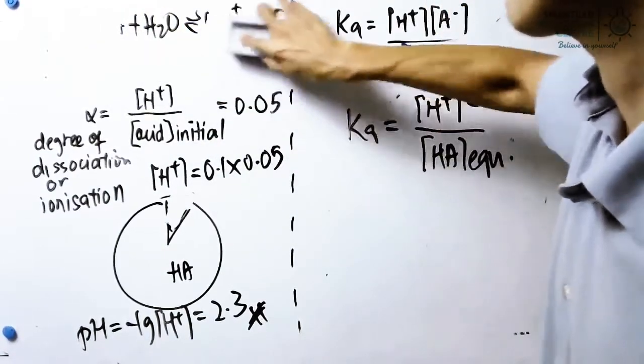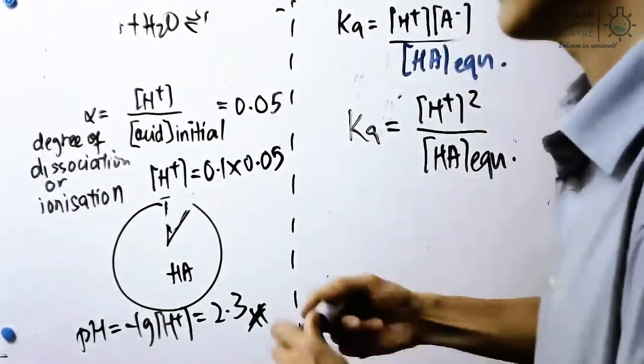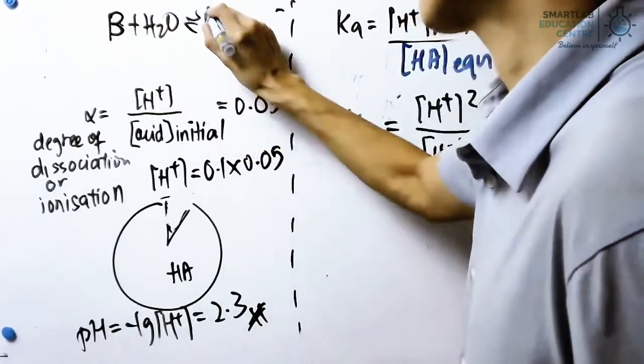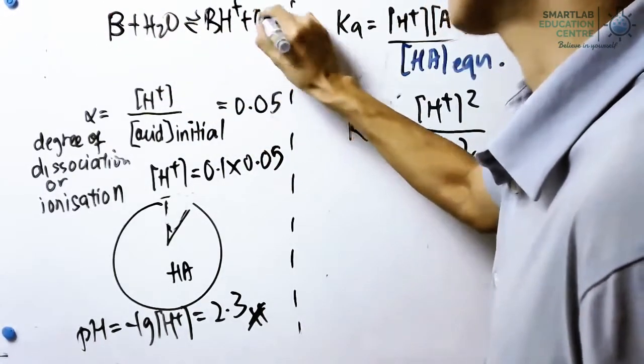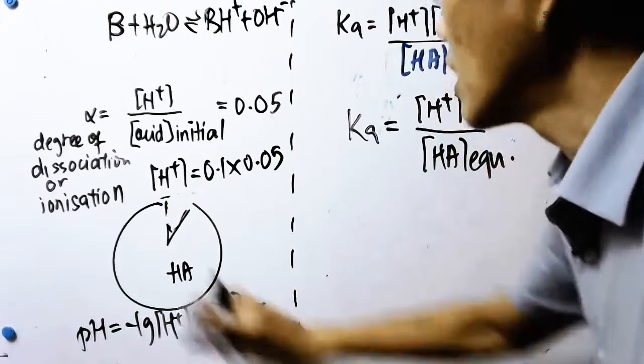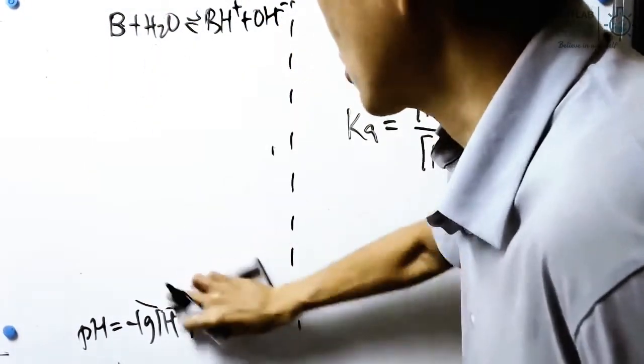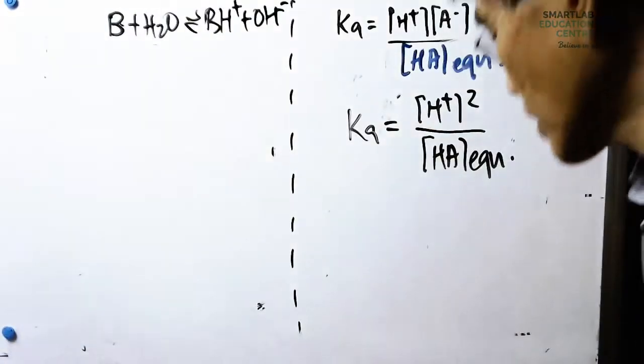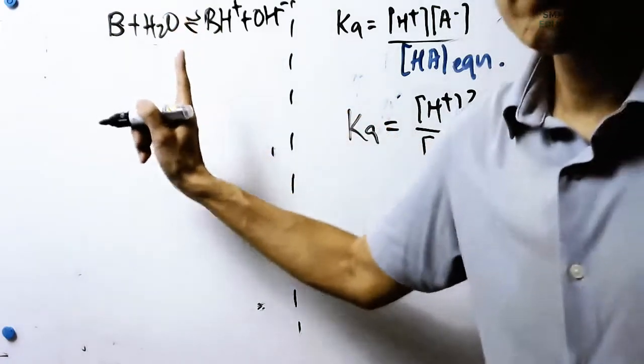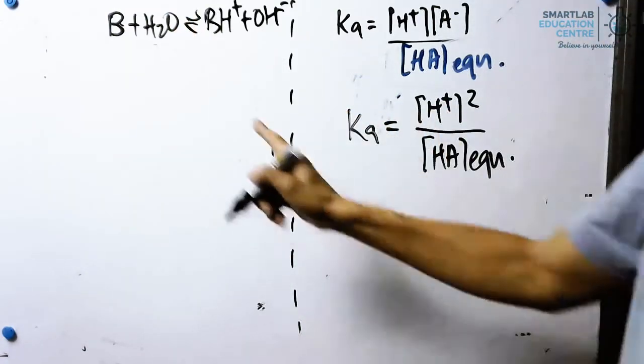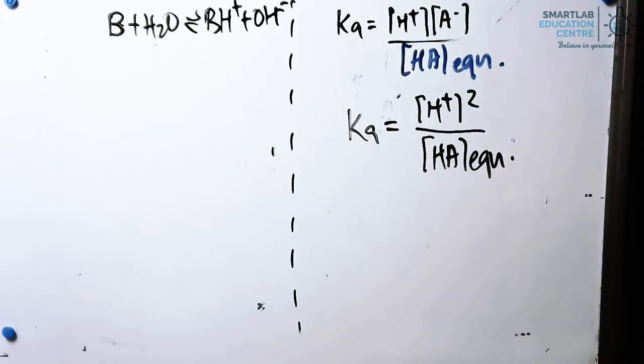For weak base, change to this: BH plus plus OH minus. To calculate the pH of a weak base, we can take a look at this equation.